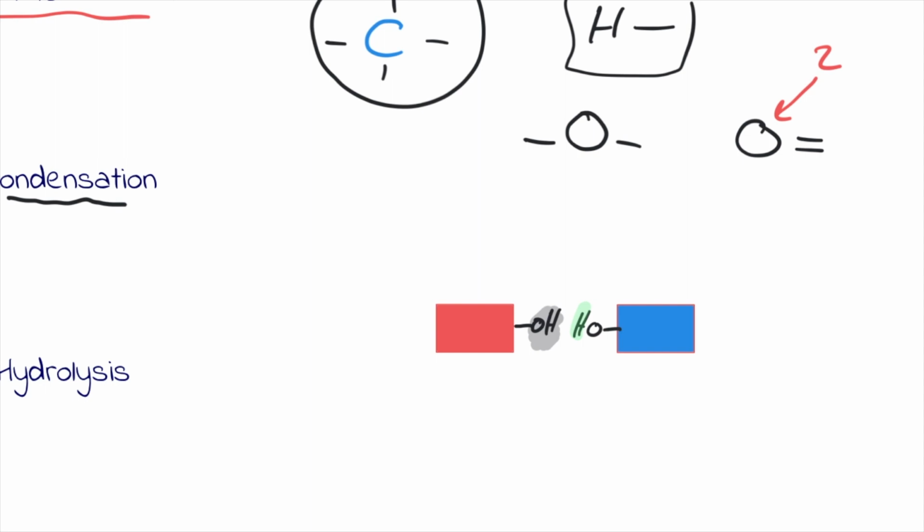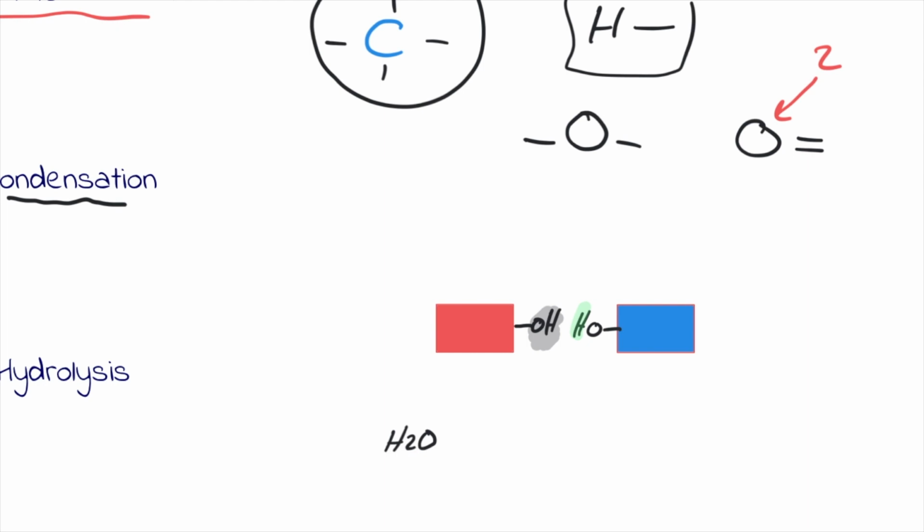If these are condensed, joined together, this means that I've taken away a water molecule from the combination of 2 molecules.